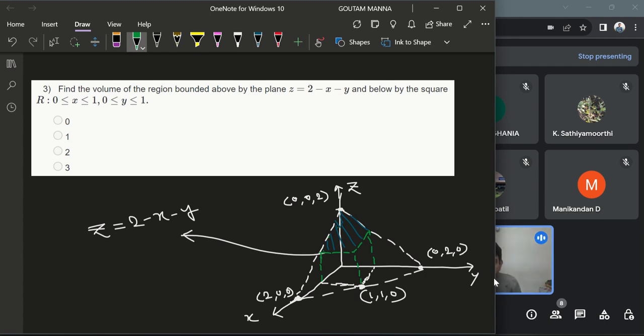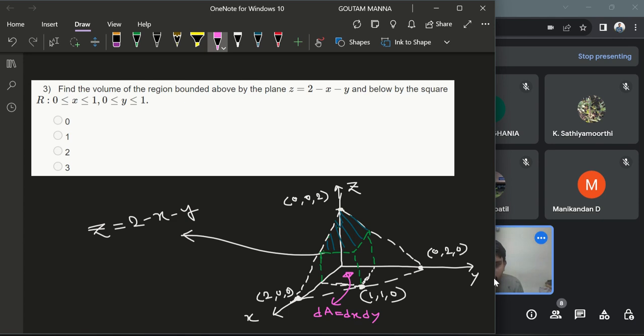Okay, so how to get that volume? At any point (x, y), we will consider a small area element, which will be dx dy. This length will be dy, this will be dx. So this small area element will be dA, which equals dx dy.